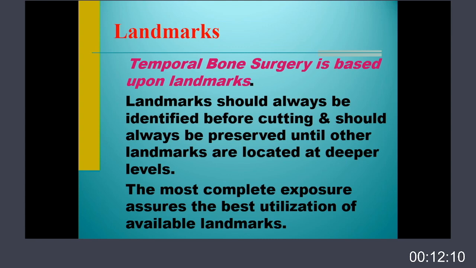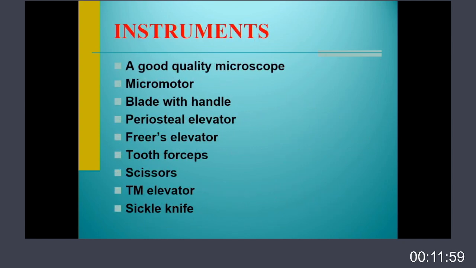So temporal bone surgery is based upon the landmarks. We must not destroy the landmarks till the time we find another set of landmarks at a deeper level. And we must utilize the bone maximally, and it can take about a week to dissect the complete temporal bone.